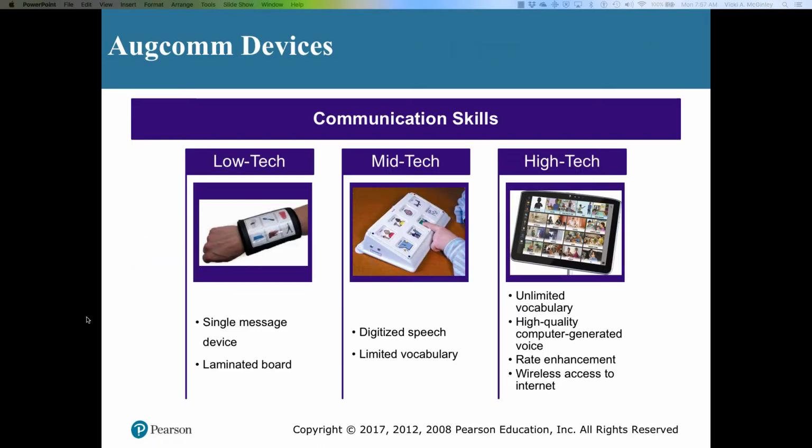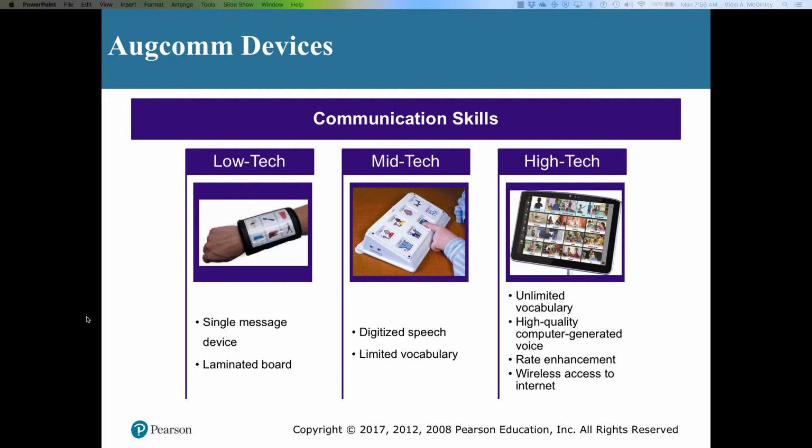So here are some examples of augmentative communication devices. We have low-tech, mid-tech, and high-tech, and your textbook throughout distinguishes between low-tech devices, mid-tech devices, and high-tech. Some low-tech might be picture exchange communication systems, which a lot of teachers are using, laminated on various things. Here's an example of a child that uses it right on his or her wrist.